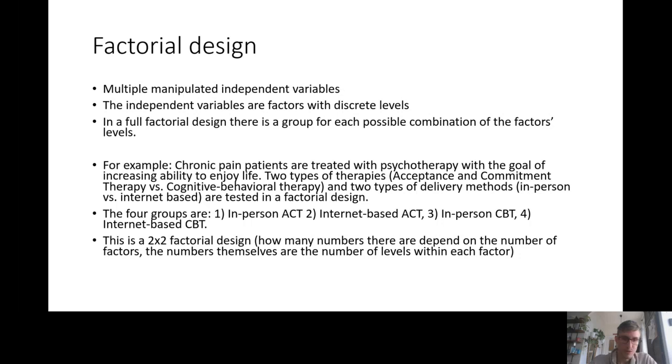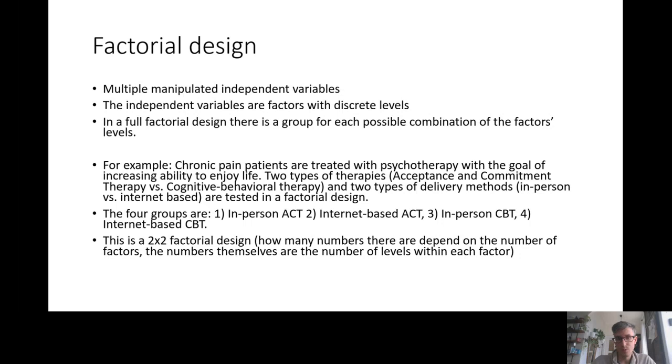So in this particular case, we have two levels for each of the independent variables: ACT versus CBT are the levels of therapy type, and in-person versus internet-based are the different levels of delivery method. So now we need to create 4 groups for each possible combination of these different levels.